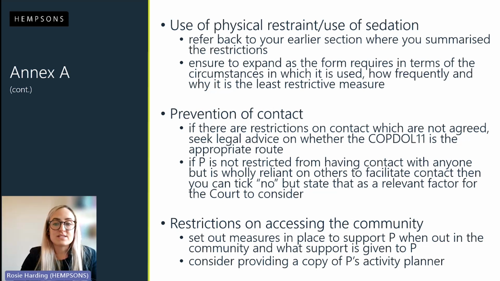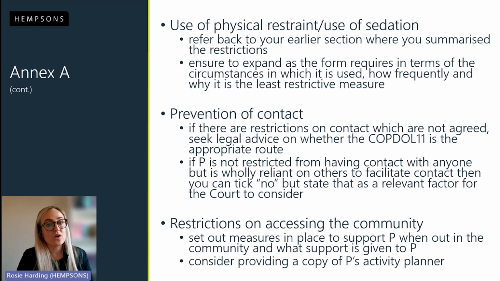Looking at whether P is prevented from having contact with anyone. If there are any restrictions on P's contact which aren't agreed, then I'd suggest seeking legal advice as to whether the COPJOL 11 route is the appropriate one. Even if there are no active restrictions on P's contact with others, we often do see cases where P is wholly reliant on others to facilitate contact.